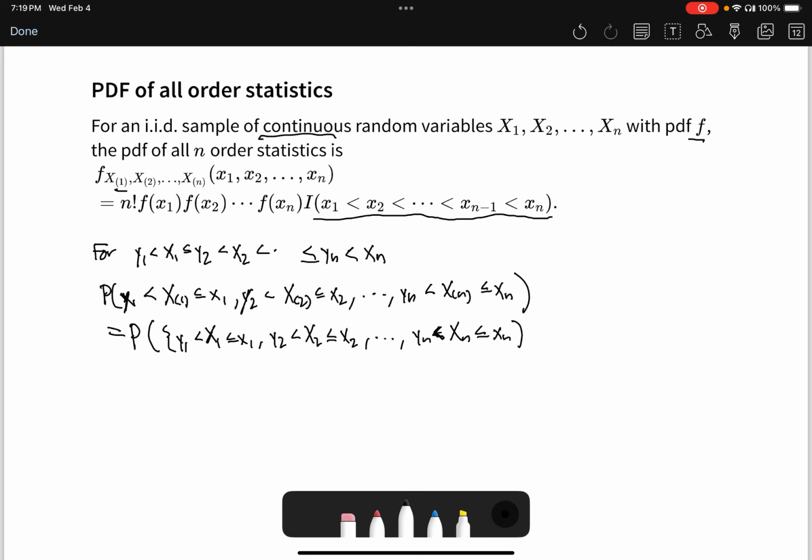Okay, so we have the actual observed random variables between yi and xi.